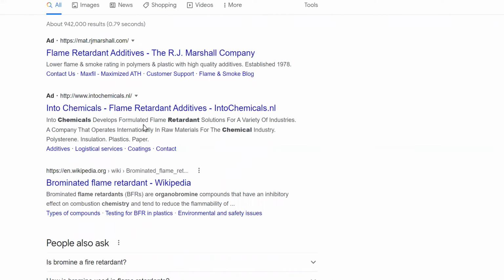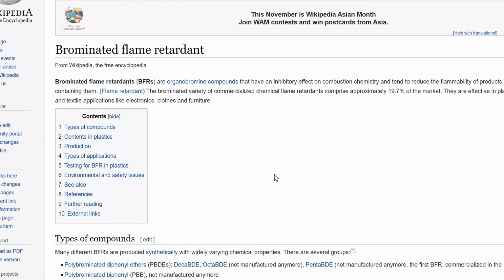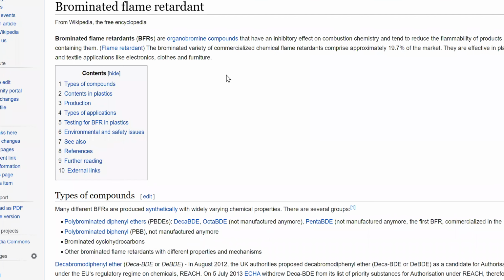If we look at the formulas, brominated flame retardants. These are organobromine compounds, organic bromine compounds that have an inhibitory effect on combustion.